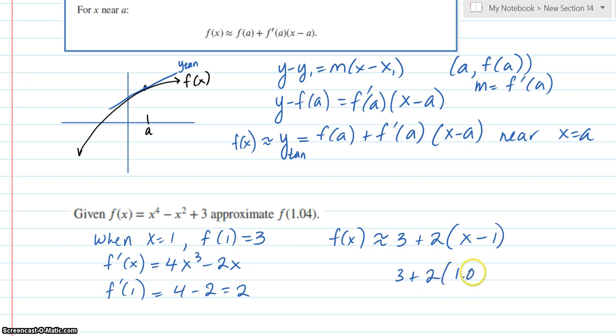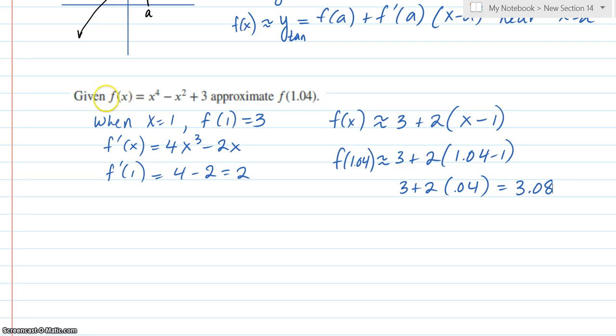This would be 1.04 minus 1. So f of 1.04 is approximately 3 plus 2 times 0.04, and that would be 0.08, giving 3.08 as the approximate value for f of 1.04.